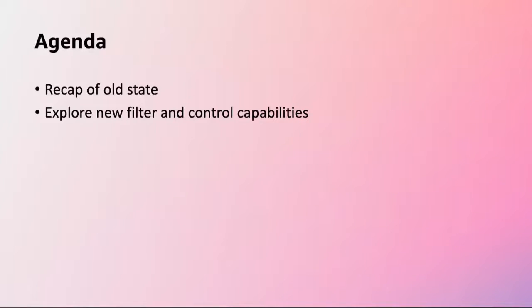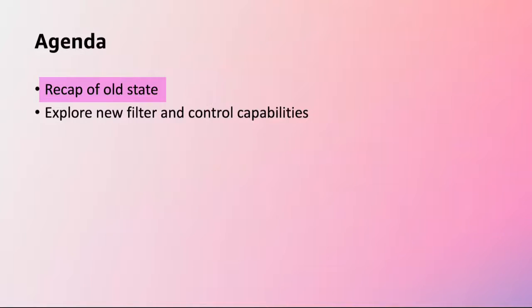And as Maitri mentioned, in today's session, we will be focusing on the QuickSight controls and filters and control capabilities. There are really just two things that we will cover here. One, we will look at what the old state was, how this used to work before.